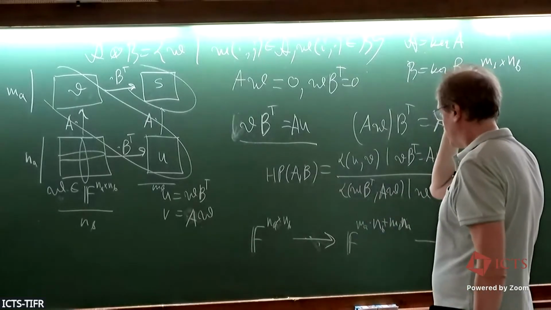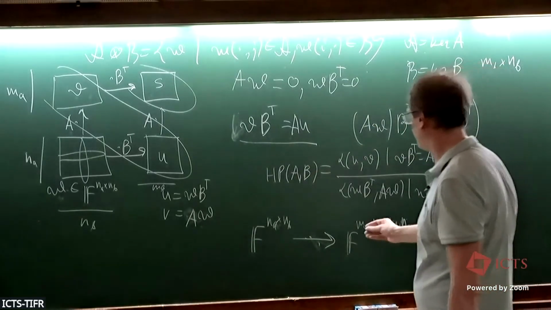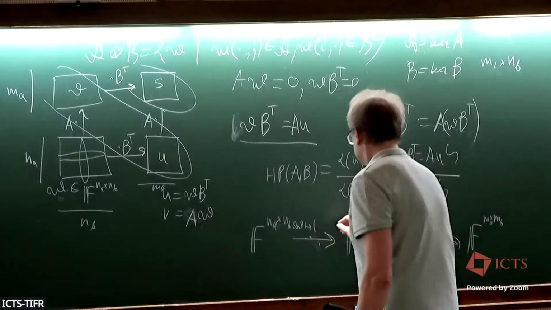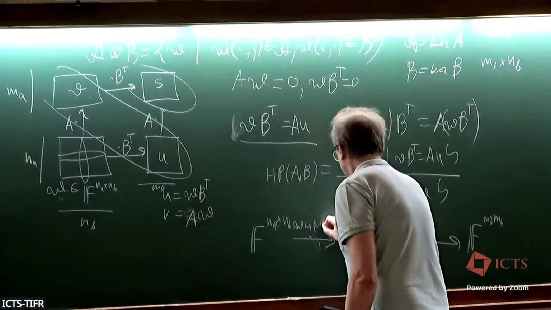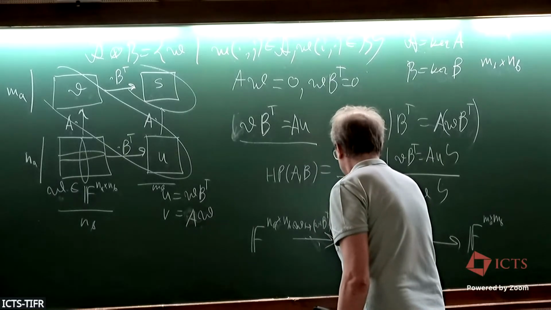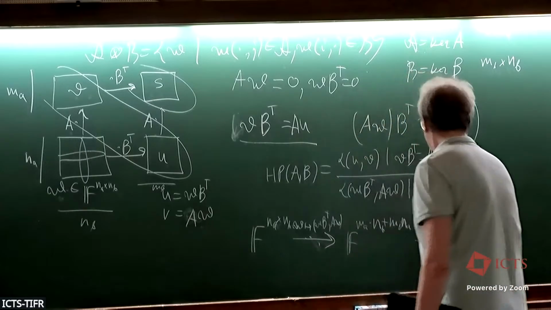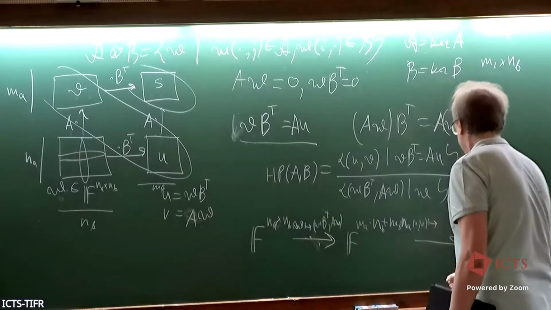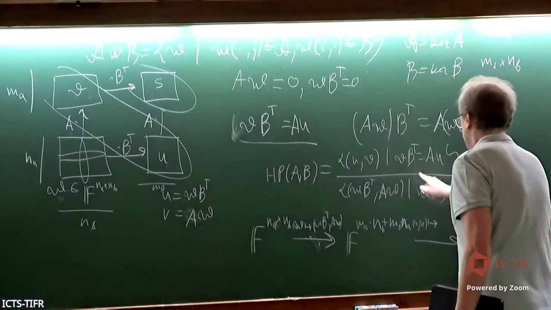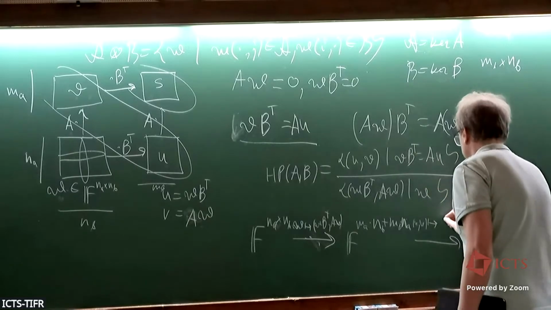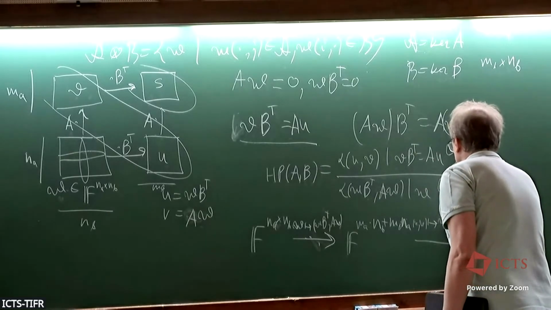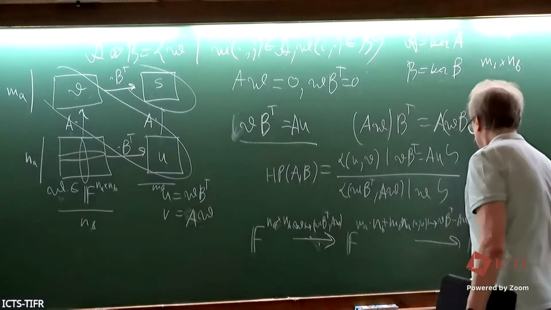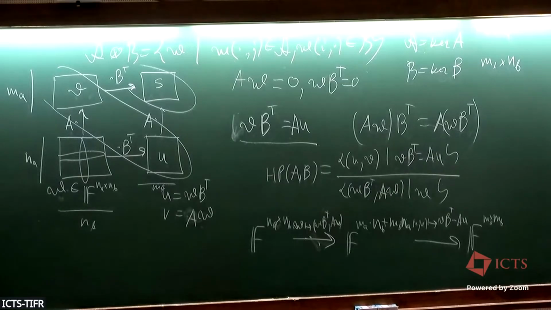And our maps are the following. Yes, so V goes to V B transposed, A V transposed. And here U and V goes to, we need to check this condition. So it's V B transposed minus A U. Yes?